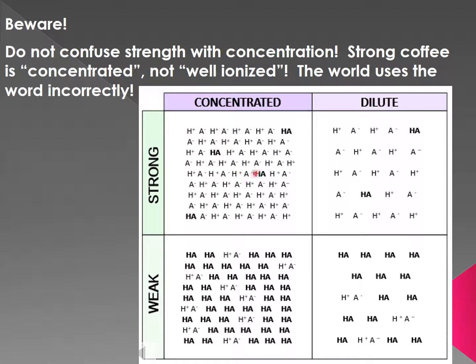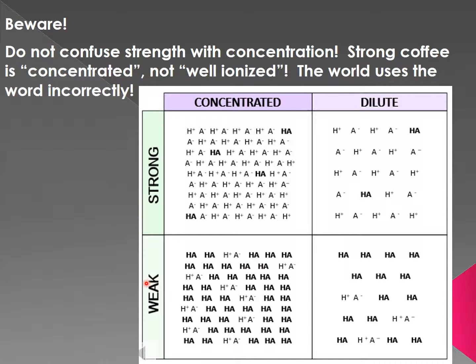So in this concentrated strong solution, almost all of the HA's have split apart. In this dilute solution, there aren't near as many HA's, but those that are here are mostly all split apart. There are only a few that are still together. So both a concentrated solution with a lot of acid and the dilute solution with only a little acid, in these two cases, they're both considered strong solutions because almost all of the HA in both of these has split.